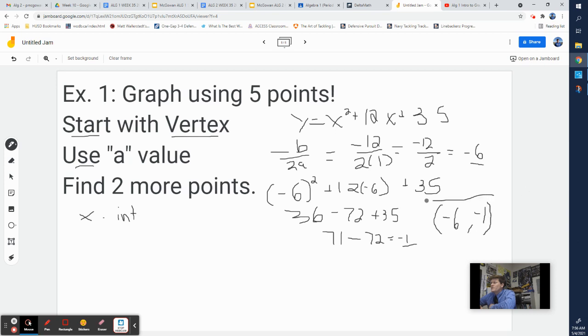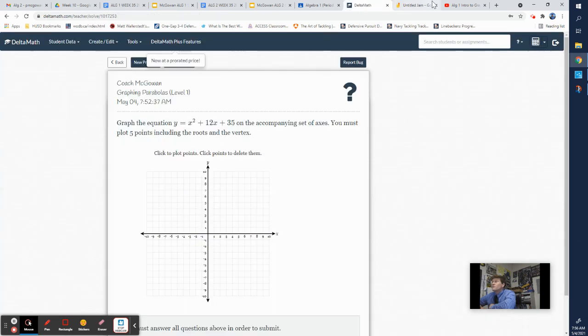So let's use that vertex and let's put it on our graph. We said negative 6, negative 1. There's my graph. Okay. Now, the next points we could find by using the slope of our quadratic equation. Our a value was that invisible 1 x squared.